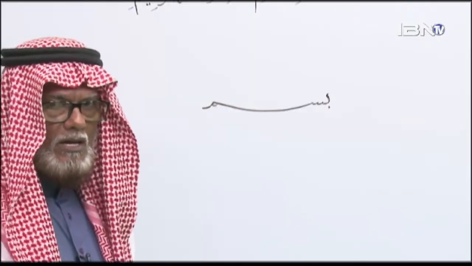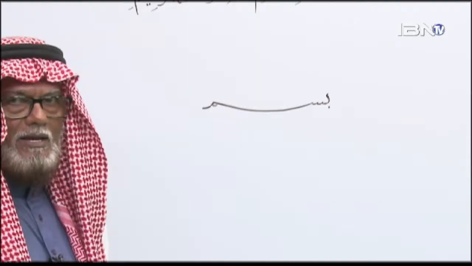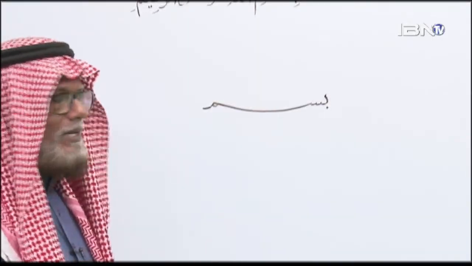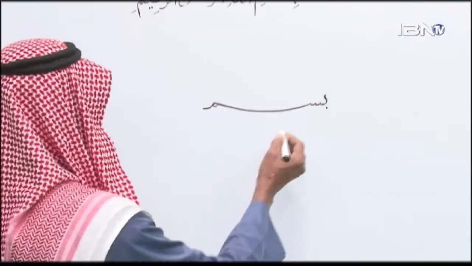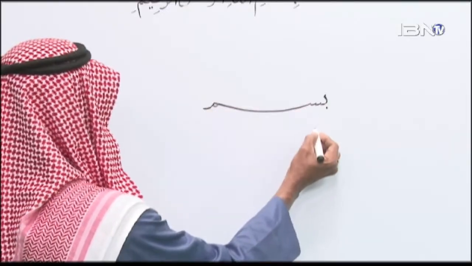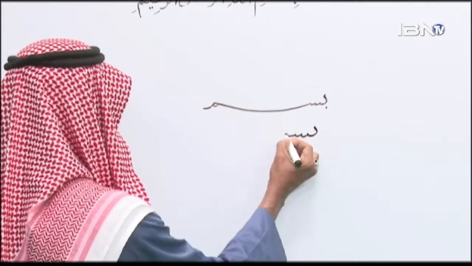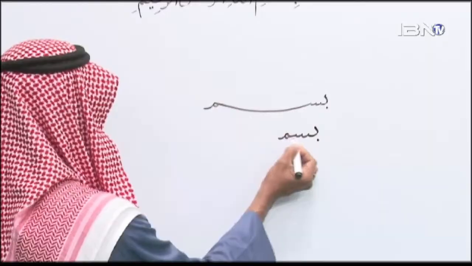So I want to point out to you that there is no specific length of the attachment line. The attachment line normally can go very long, and it could also be very short. It could be right there, right next to it. It's long.